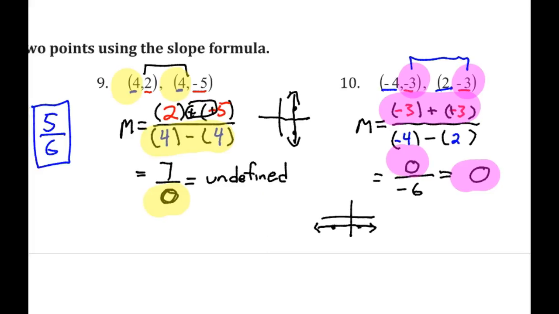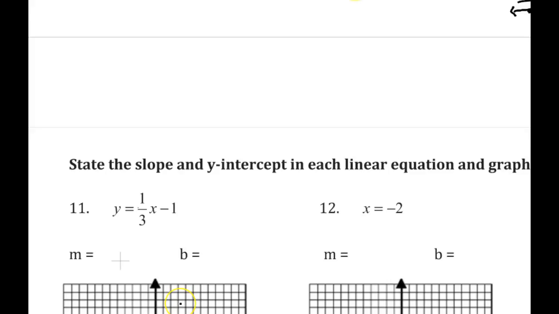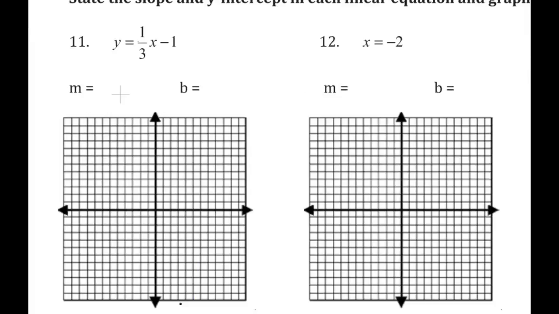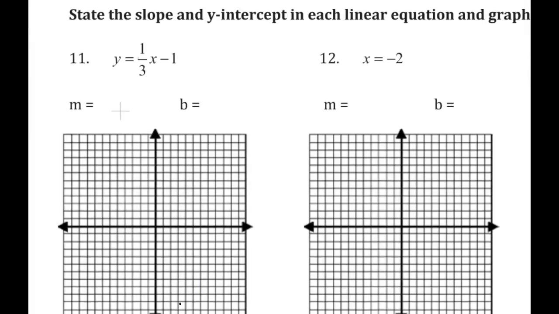Alright, so let's flip it over to the back, do some actual graphing. Here's where you need your straight edge. Alright, so review that the slope is usually called m, the y-intercept is usually called b, and it's in the format y equals mx plus b.